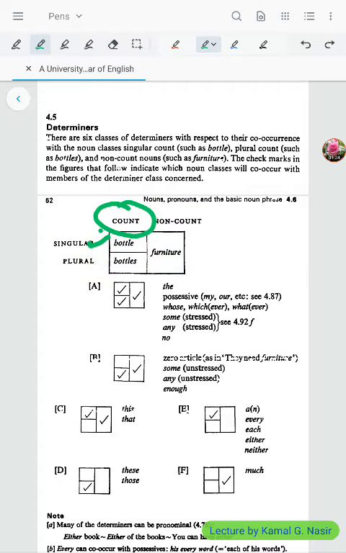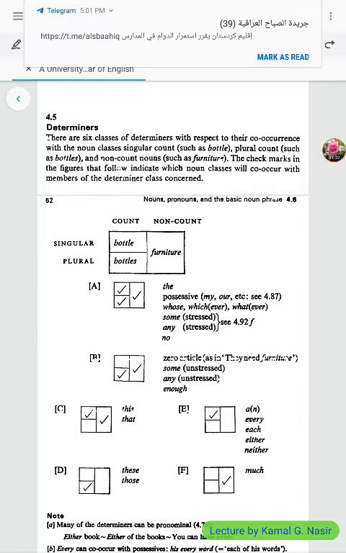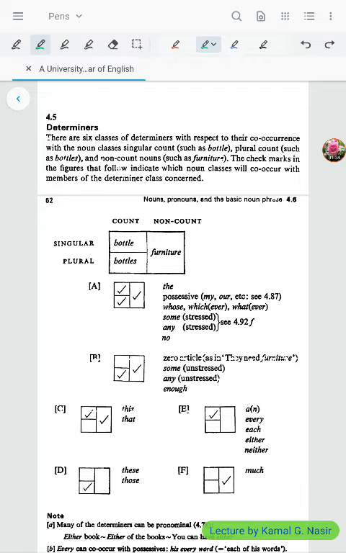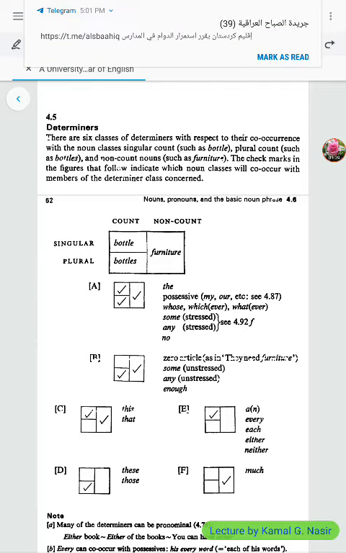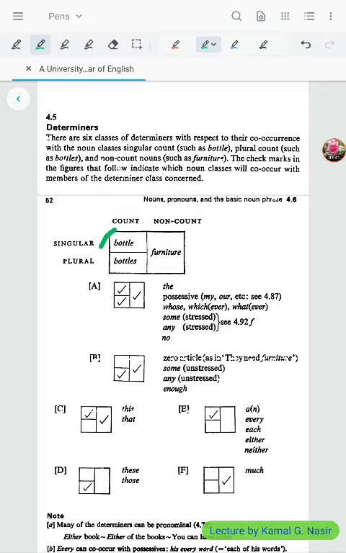Right. Now we have these 6 types of determiners. What are they? Look well here. These nouns are, for example, bottle, which is the singular, and the plural is bottles.